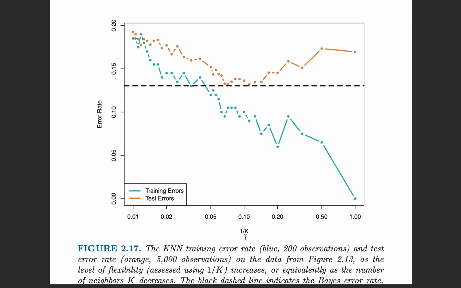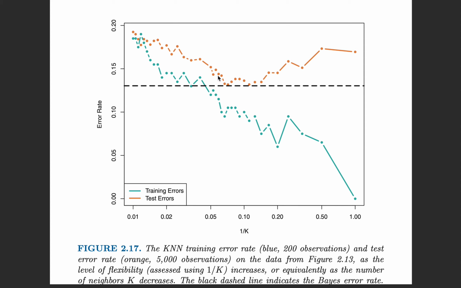That's why it's plotted using 1 over k. And as we increase the flexibility, the training error becomes smaller, and you see it goes up and down, up and down. You may say, well, this point is more flexible than this, why is it going up? Again, there are always fluctuations, but the general trend is that the training error reduces as we increase flexibility.